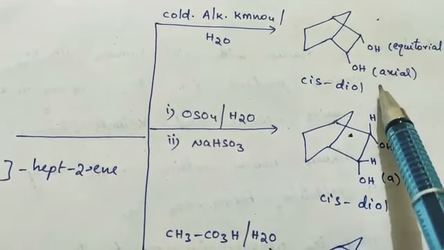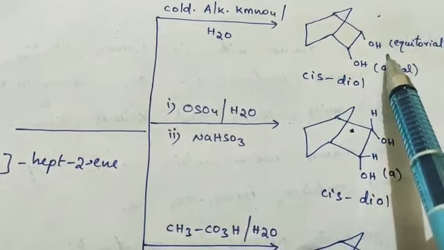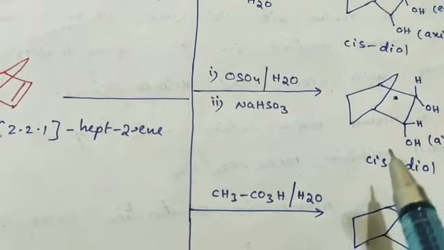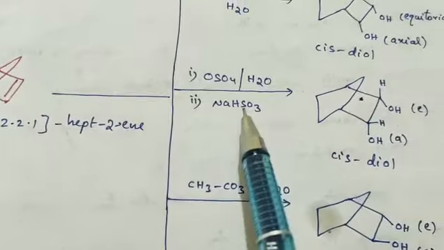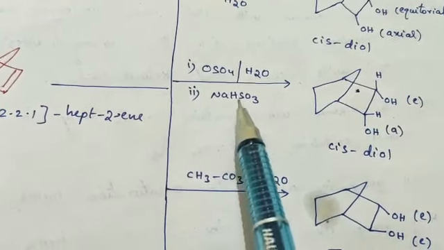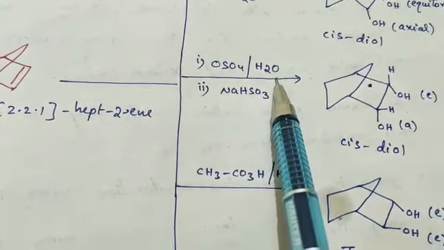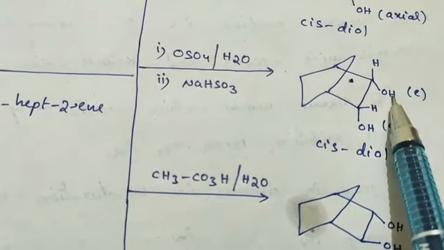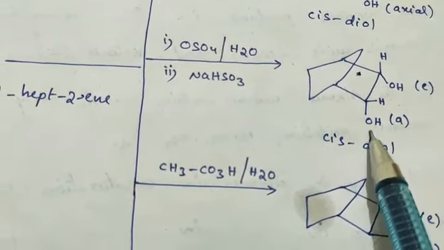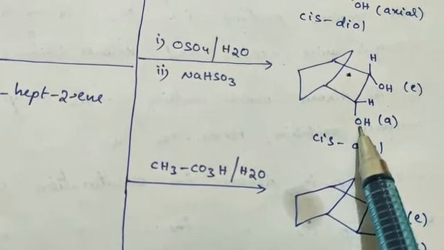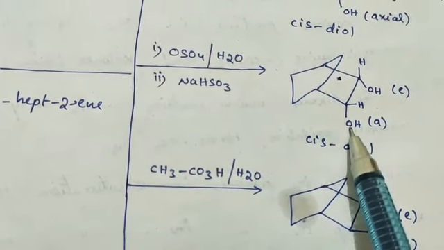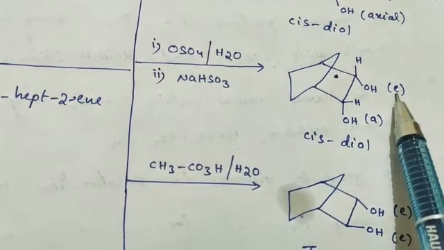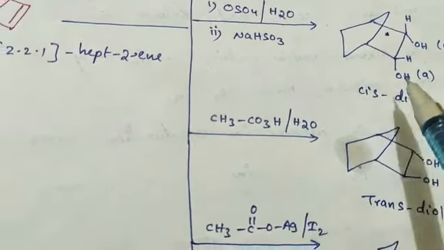One equatorial, one axial. One non-parallel, one parallel. So it is a cis compound. If we add osmium tetroxide, sodium bisulfite, and then water, it forms one equatorial hydroxy and one axial hydroxy. Here the OH is parallel, axial, and here the OH is equatorial, non-parallel. Therefore it is a cis compound.